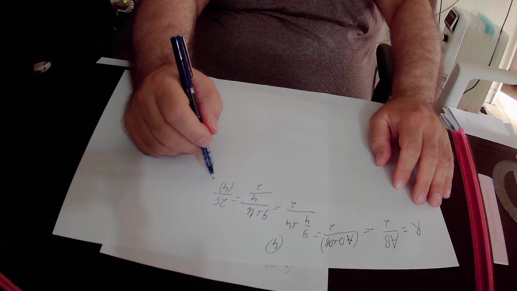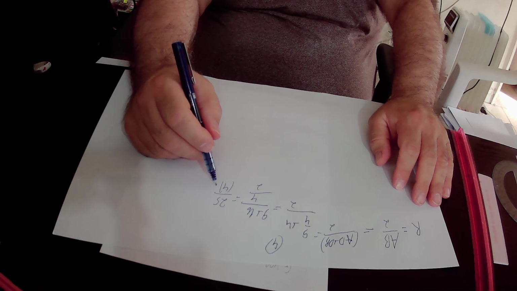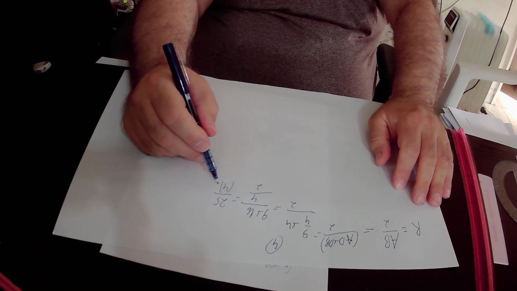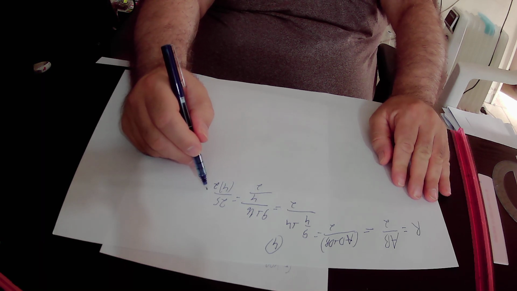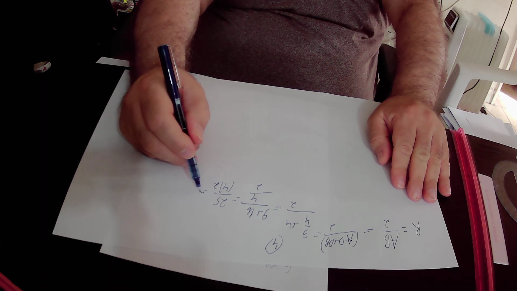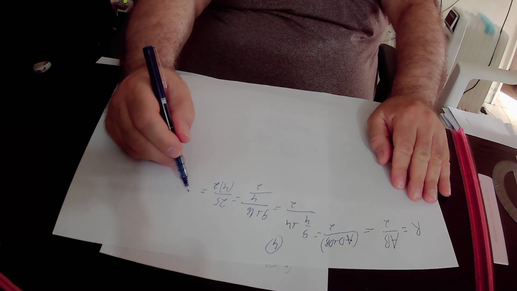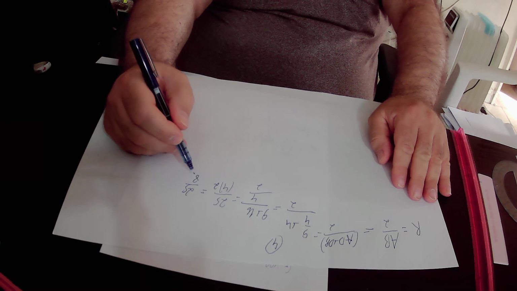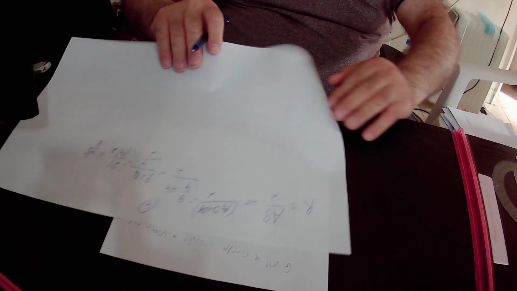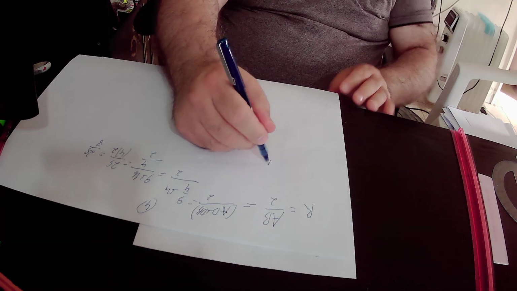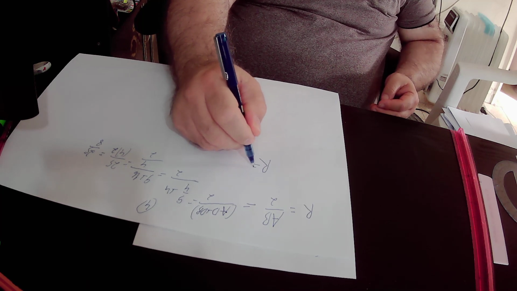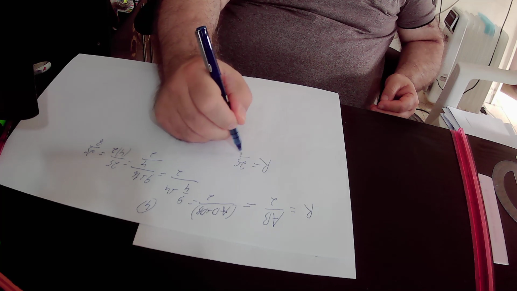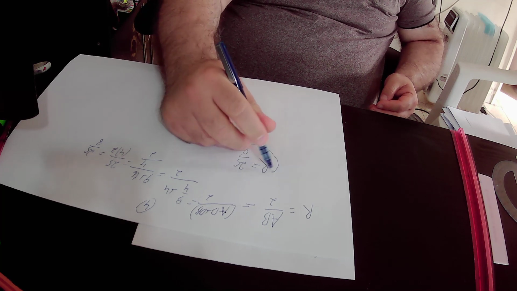Here we move 2 to the denominator and get capital R equals 25 over 4 times 2. 4 times 2 is 8, so in the denominator we have 8. So in conclusion, the radius of the circle and the semicircles is equal to 25 over 8 units.